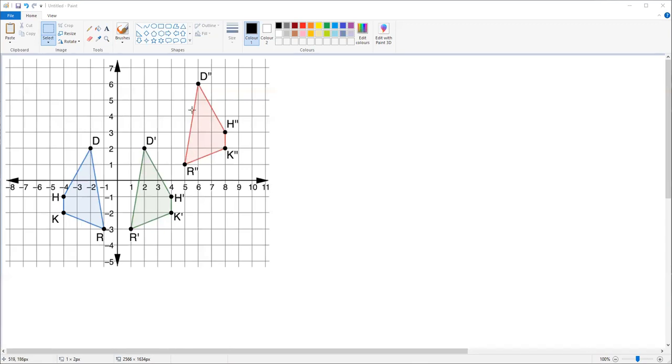So if a rigid transformation happens, whether it's a translation, a rotation, or a reflection, all of the lengths of all of the sides are the same. So they preserve distance. That's what that means.